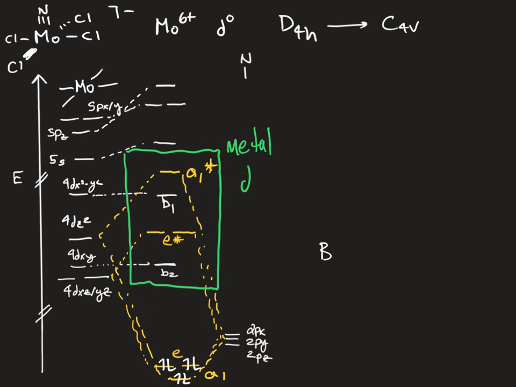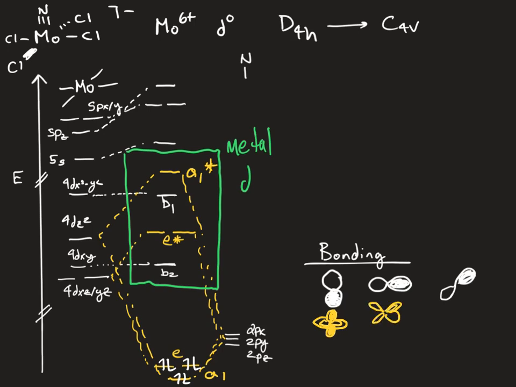So the bonding orbitals are made up of your pz, px, and py on the nitrogen, overlapping with the dz², the 4dxz, and the 4dyz.